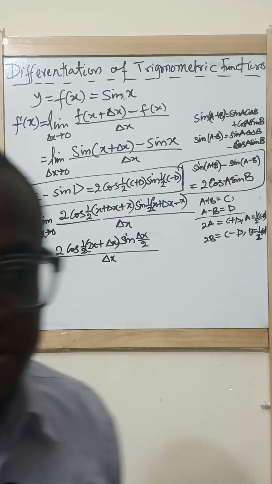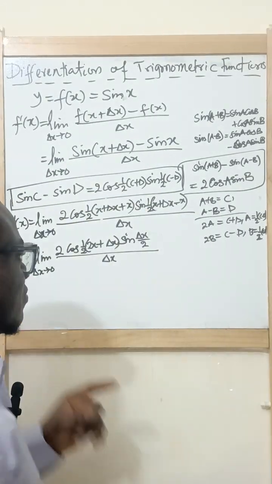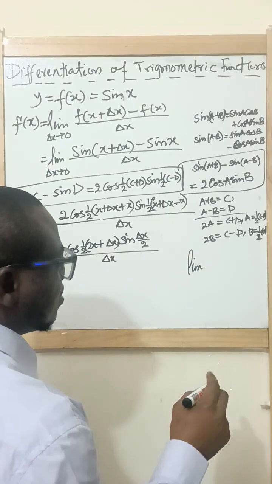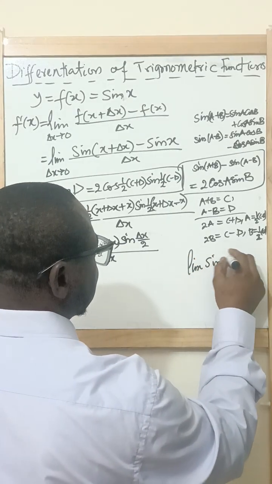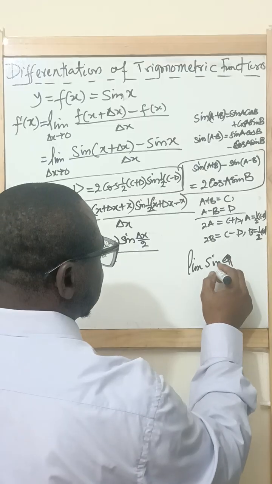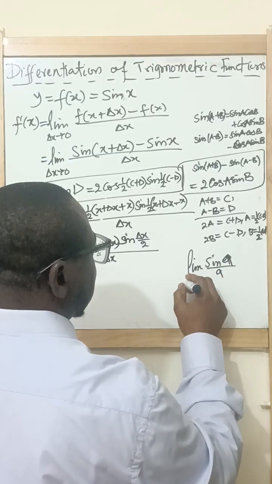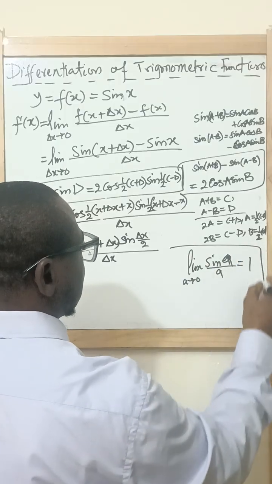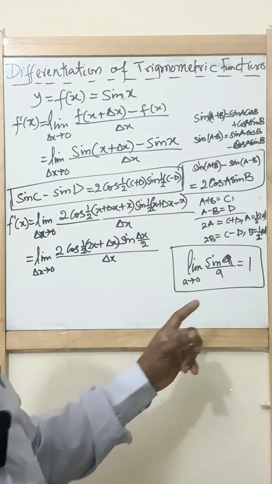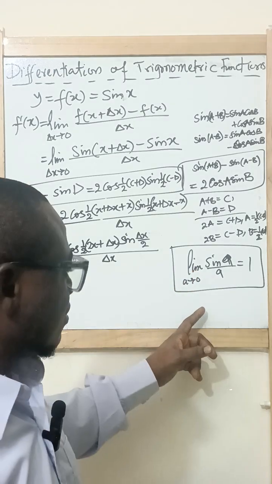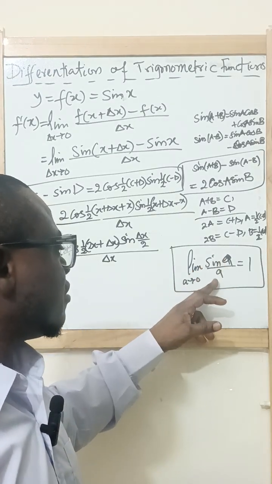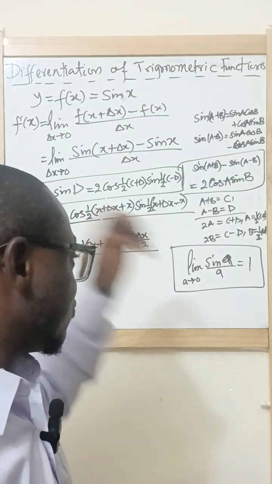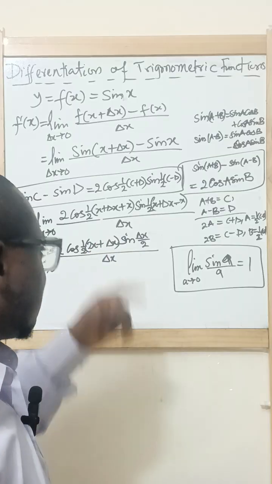There is a particular formula in limits that says the limit of sine A over A as A tends to 0 is equal to 1. We are going to apply this formula here.